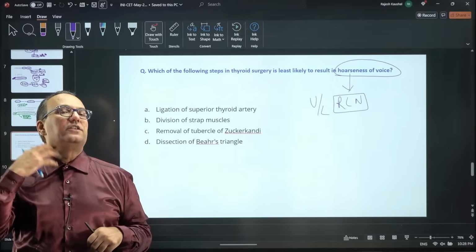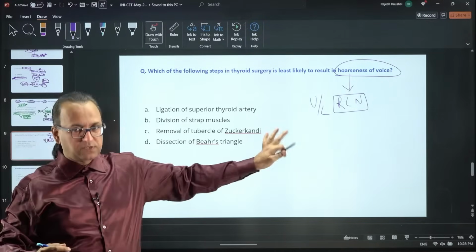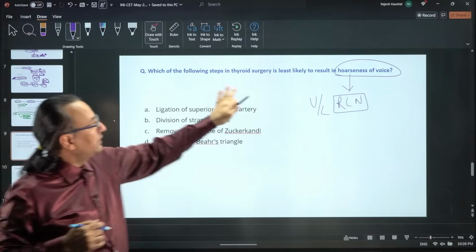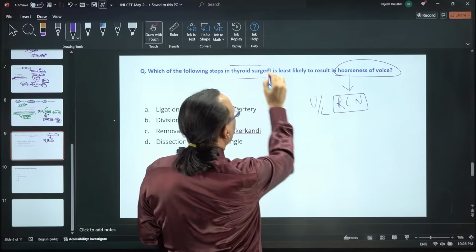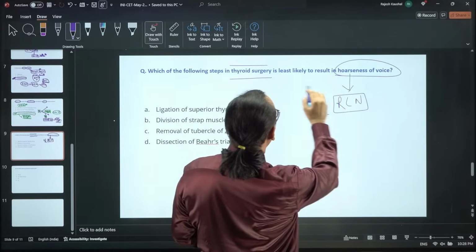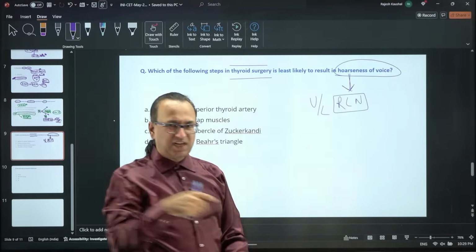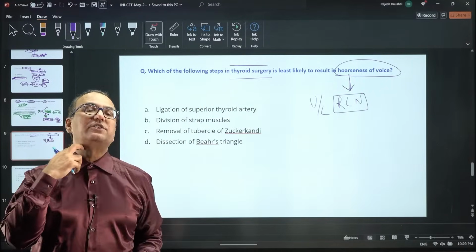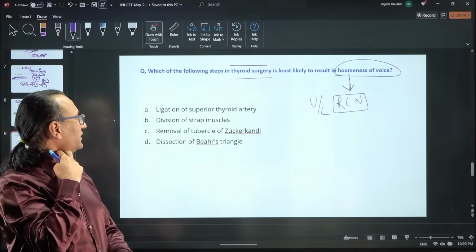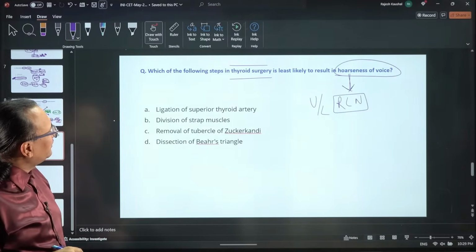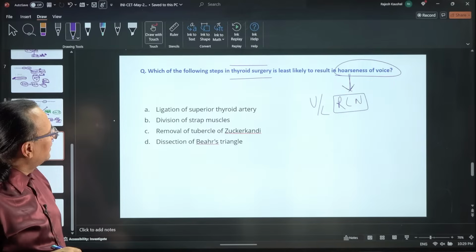So mostly a unilateral recurrent laryngeal nerve problem is what the examiner is asking. Which of the following steps in thyroid surgery is least likely to result in hoarseness of voice? So there are chances that we might damage it.